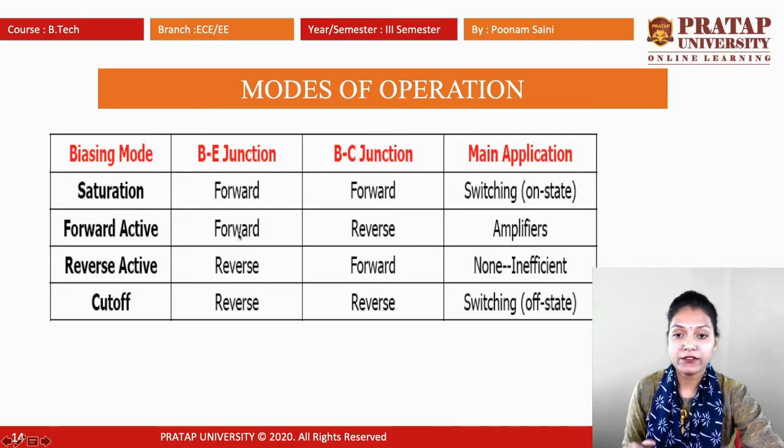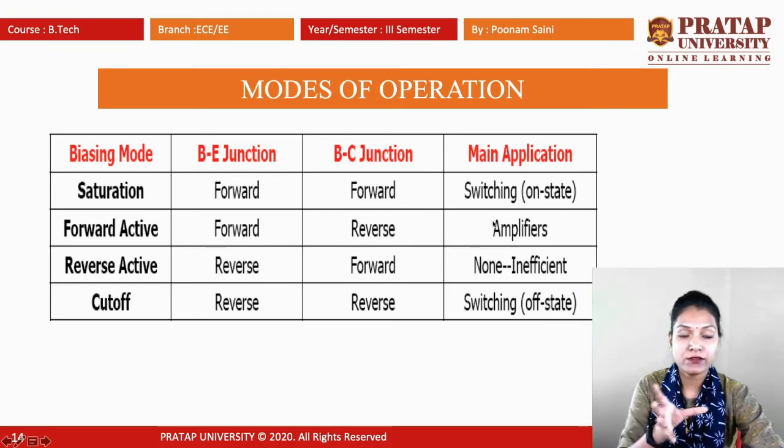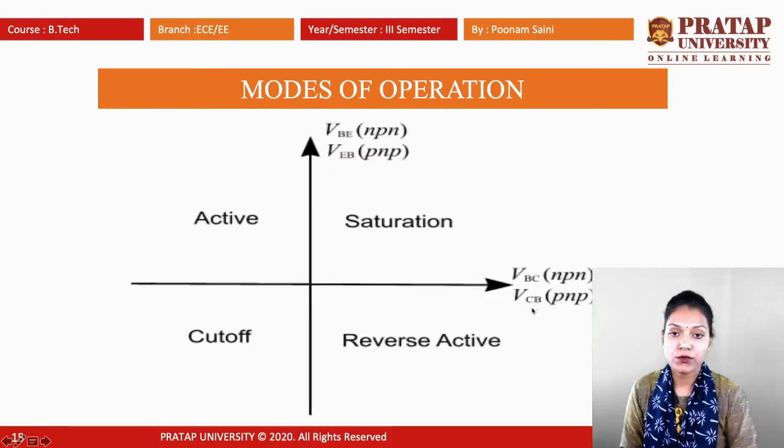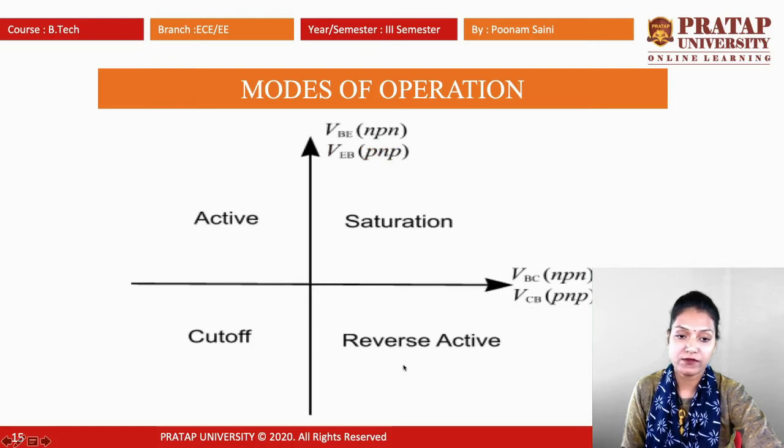In forward active, one junction is forward biased and the other is reverse biased, and the transistor works as an amplifier. When the base-emitter junction is reverse biased and the base-collector junction is forward biased, the application is not efficient for any purpose. When both are reverse biased, it is used for switching, the off state.